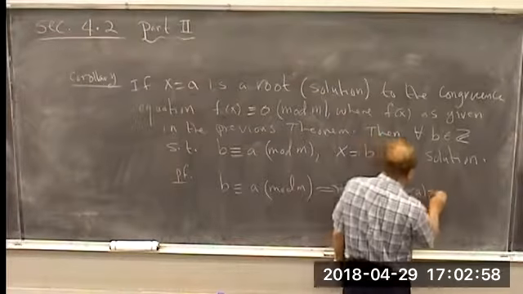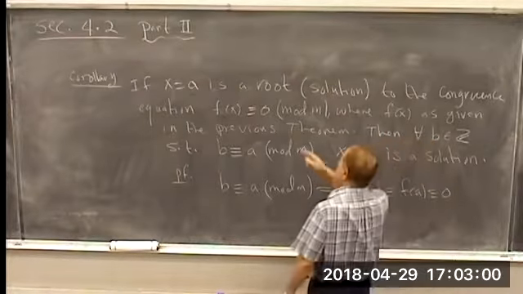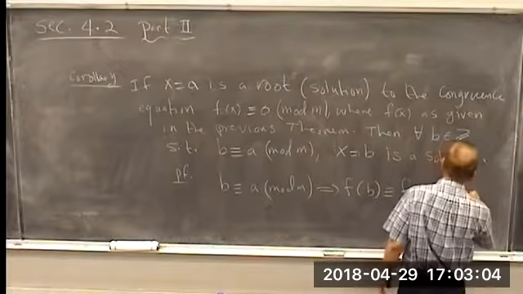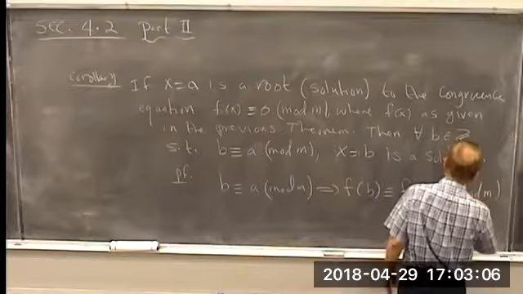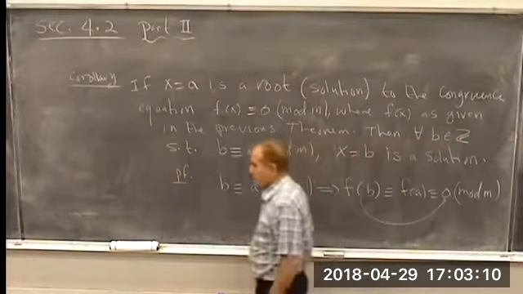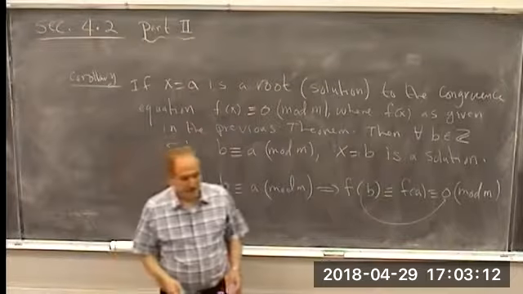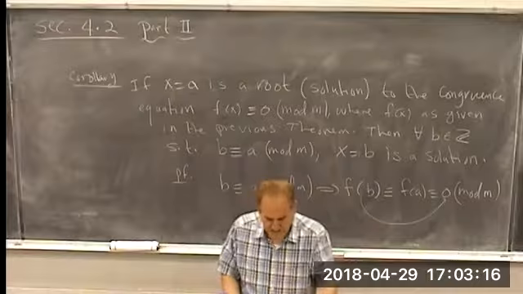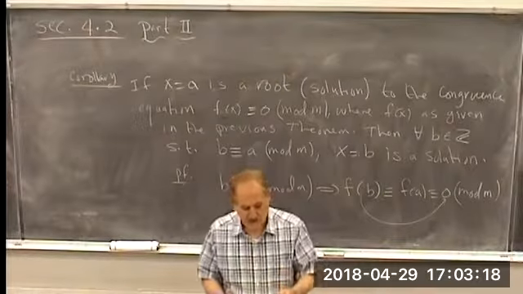And f of a is congruent to 0 because it's a solution. So it's a root, meaning it satisfies mod m, which means that also b is a solution. Okay? All right, let's move on to other properties.